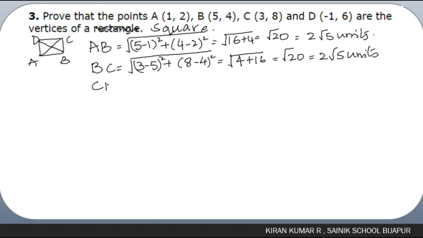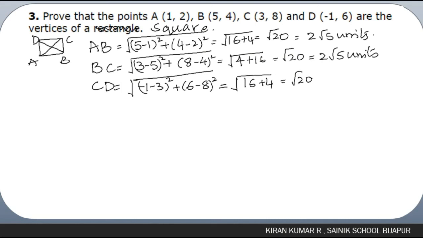Let's find the length CD. CD will be root of (-1 minus -3) whole square plus (6 minus 8) square. So it is root 16 plus 4. We get 2 root 5 units.